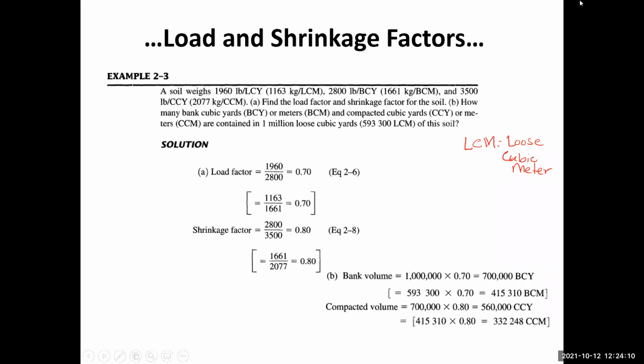That means when the soil has been excavated. Okay, and what is BCM? Bulk cubic meter. Not bulk cubic meter, it is bank cubic meter, bank.